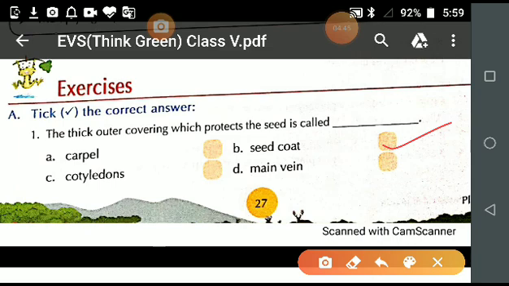Seed coat is the outer covering of the seed, and the part which is food for the baby plant is the cotyledons. So the right answer is seed coat.